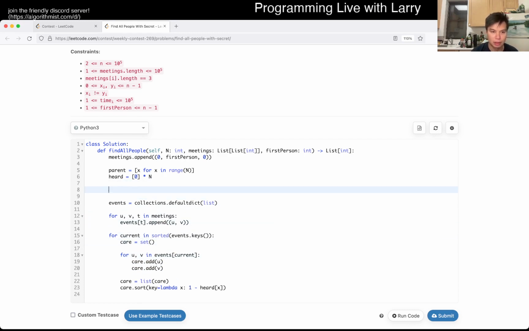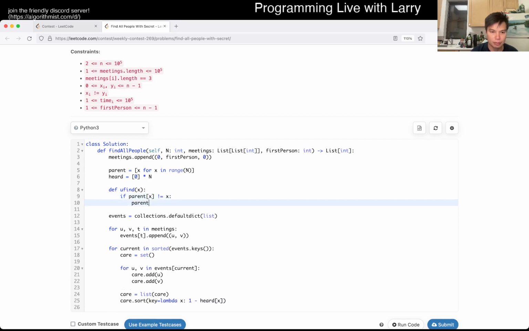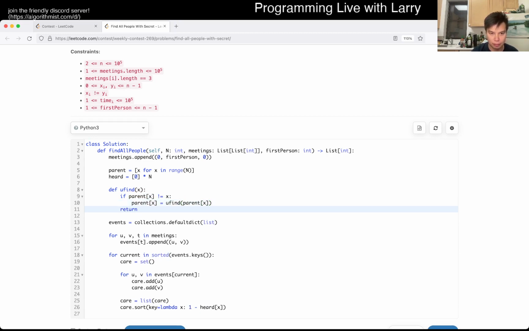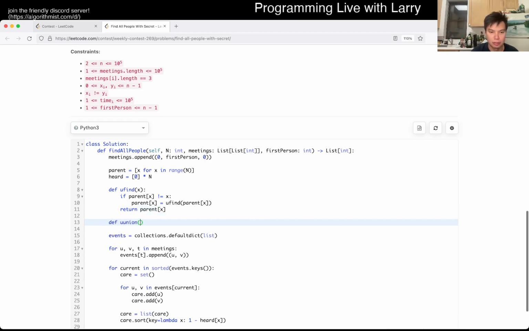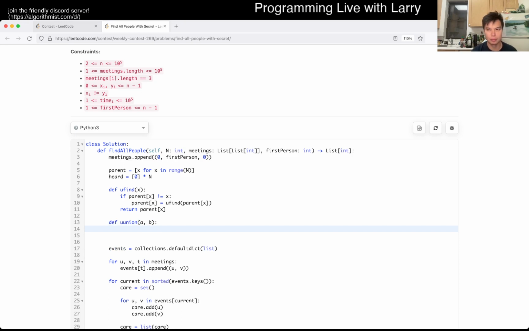Okay, let's actually do the union find. Path compression may be a little bit messy.